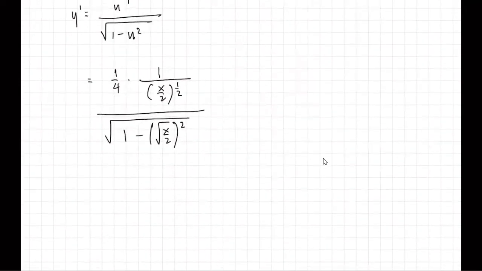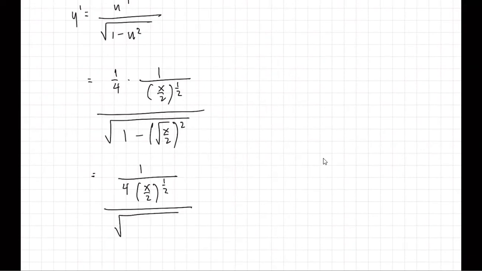Okay? And simplify. Simplify natin will be 1 over 4 x over 2, 1 half, all over square root of 1 minus x over 2.